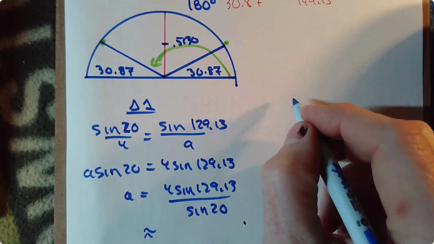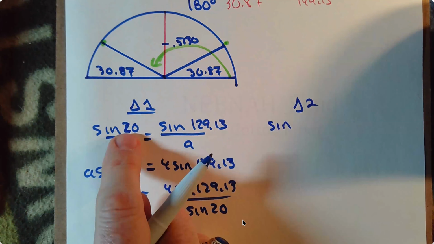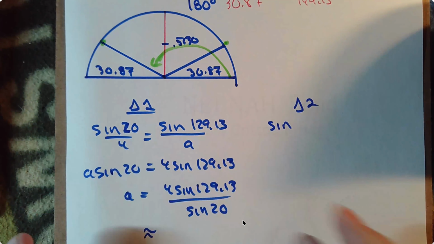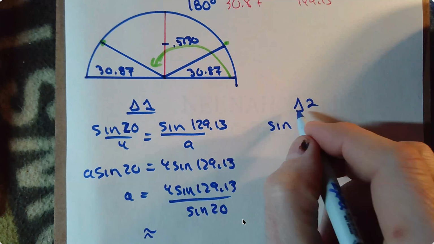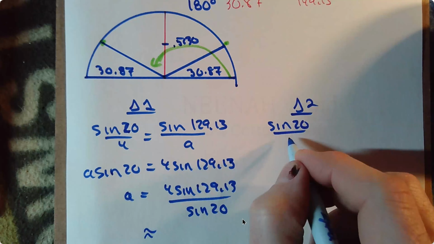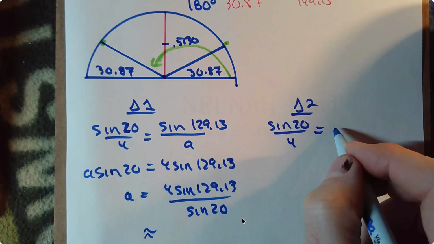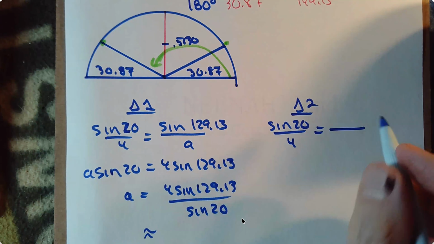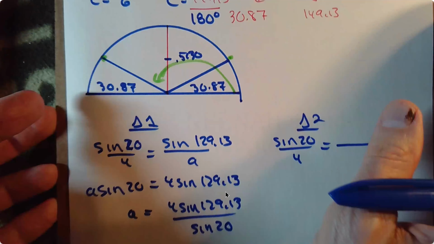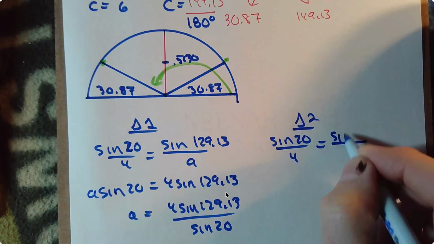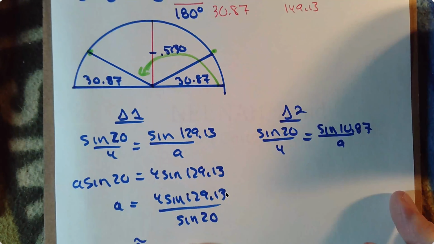We're going to play the same game for triangle 2. Again, I'm going to start with sine of 20 over sine of 4, simply because these were exact numbers. That's already given. By using exact numbers, I'm trying to limit the amount of rounding error that I have. This time I'm going to compare this to sine of 10.87 over A. The rest of it's going to look identical to what we have over here.